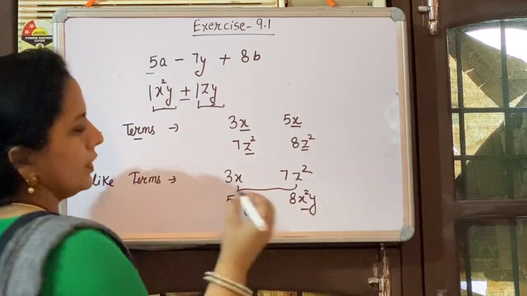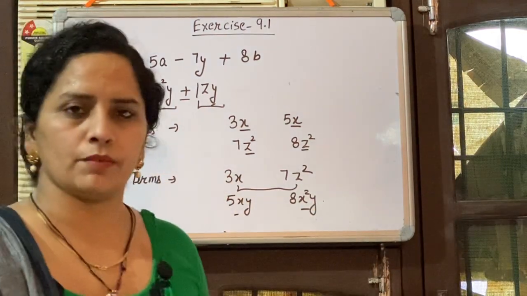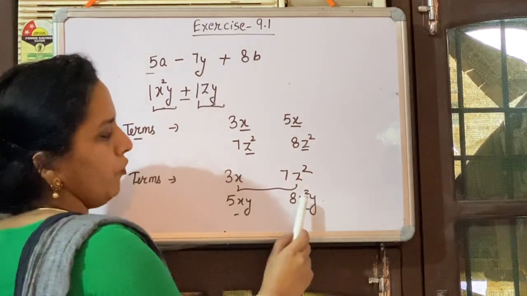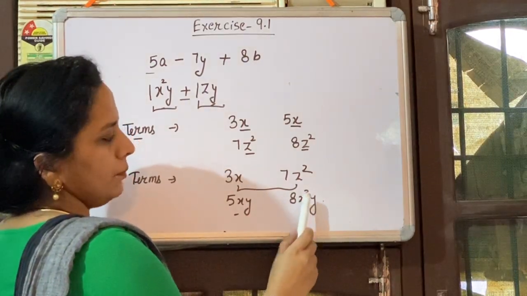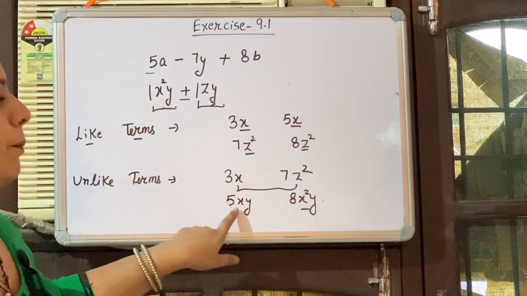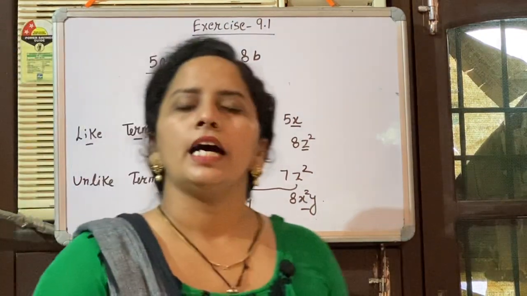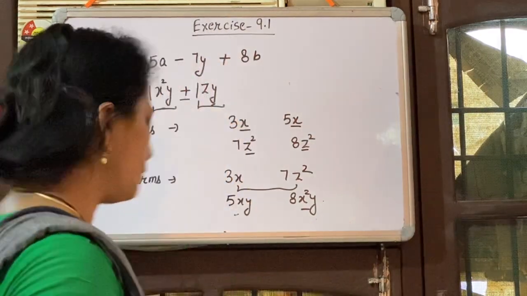These are also unlike terms because variable is same but power of the variable of this term is not same compared to the first term, so we can say that these terms are unlike terms.